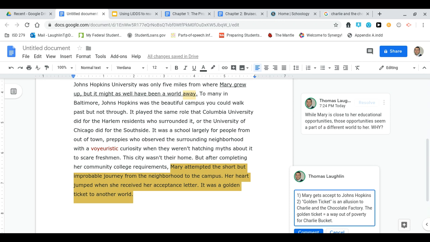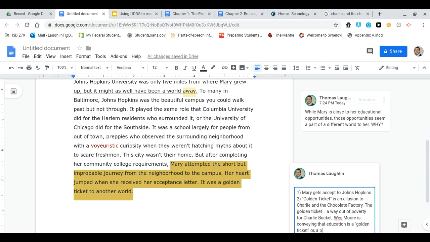So by comparing this acceptance letter to a golden ticket, what Wes Moore is doing is conveying that education is a golden ticket or a path out of poverty.